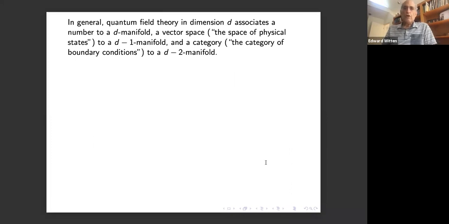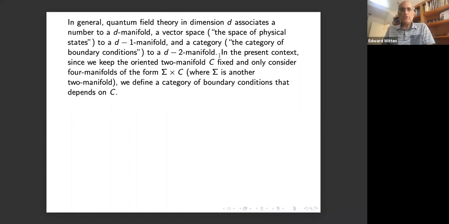Now, in general, quantum field theory in D dimensions associates a number to a D-manifold, the partition function, a vector space of physical states to a (D-1)-manifold, and a category of boundary conditions to a (D-2)-manifold.